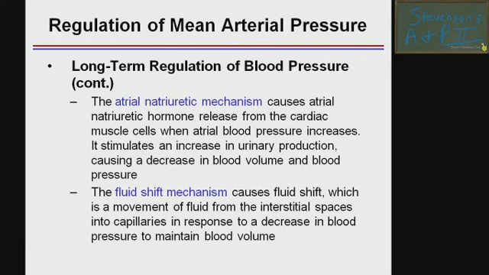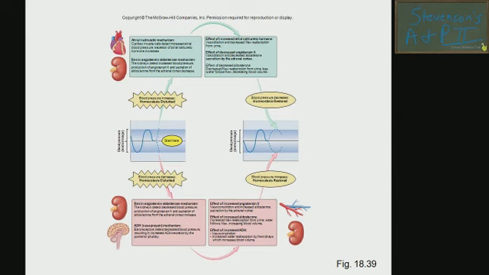The fluid shift mechanism is a movement of fluid from the interstitial spaces into capillaries in response to a decrease in blood pressure to help maintain blood volume. It's illustrated right here. Make sure you pay attention to when homeostasis is disturbed and when homeostasis would be restored in this process.